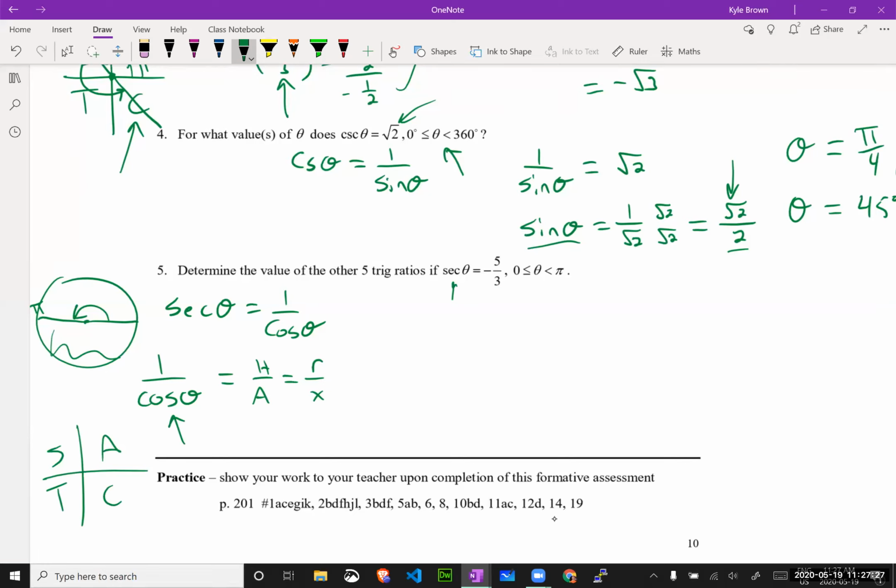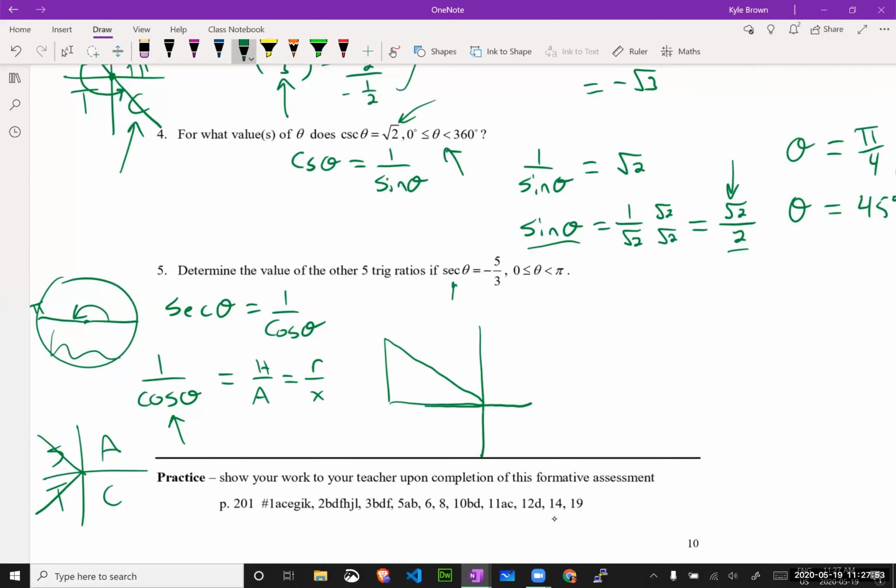So cos is negative here and here, which makes sense. That's where x is negative, right? That's where the x values are negative, or on the left side of the y-axis there. Okay, so if I sketch this out, I think it'll make a bit more sense. So that's my Cartesian plane there. And we're over on this side here.